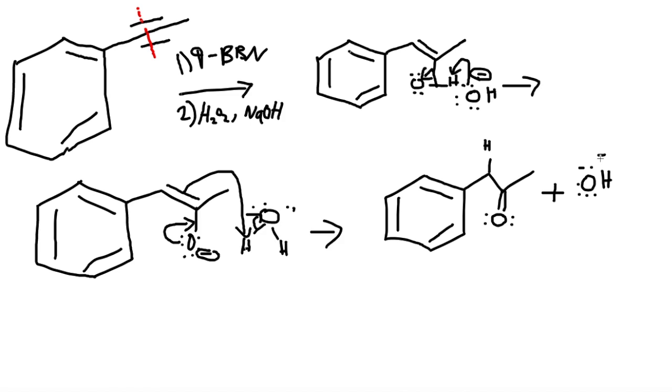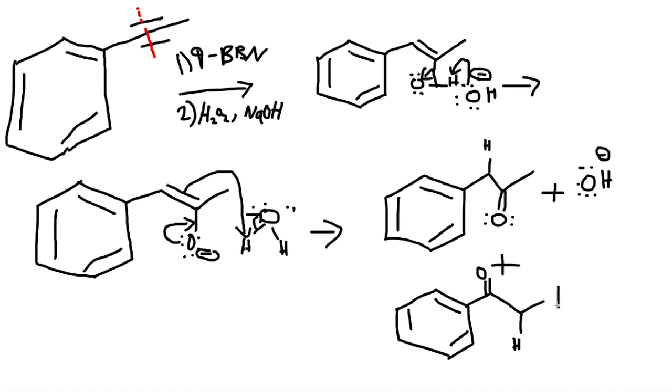The hydroxide ion, right? So this is our answer, but also plus its enantiomer, with a little double bond over here, and also plus OH. So this is a base catalyzed hydration.